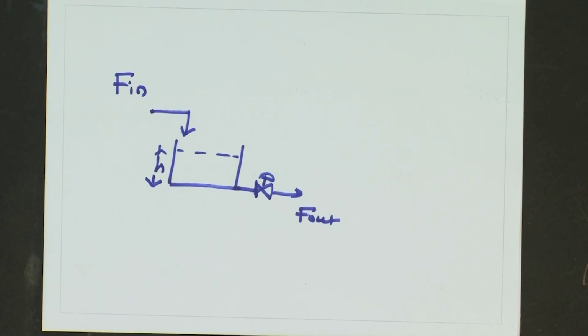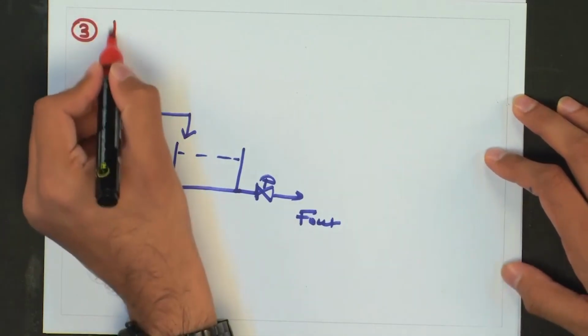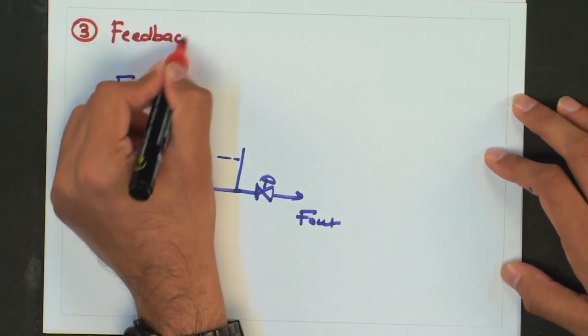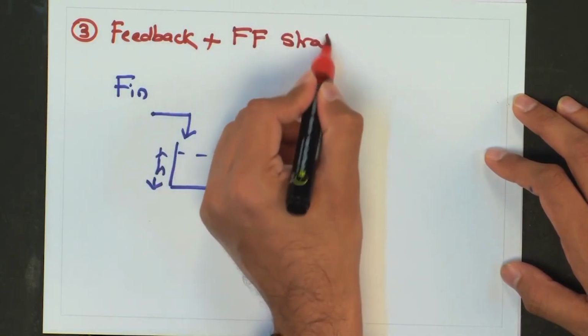Now, the third strategy can be a combination of the two, which is known as a feedback plus feed forward strategy.